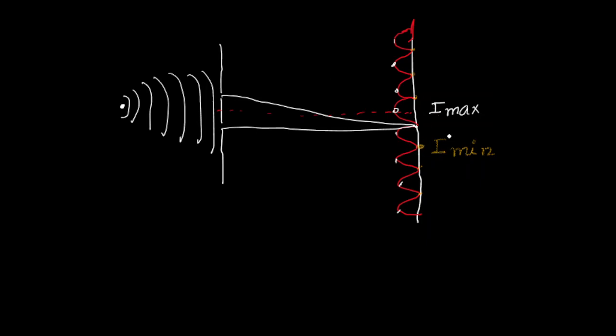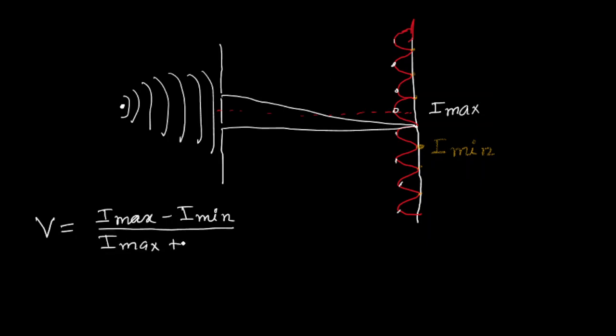Once we know these values, we can put them in this formula: visibility V is equal to Imax minus Imin, divided by Imax plus Imin.